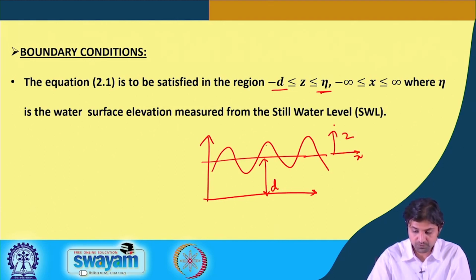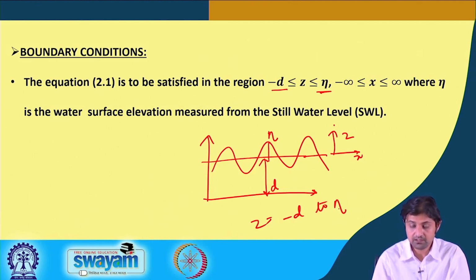So z should be satisfied from minus d to eta, all right, and we have considered the entire ocean. So, x will be minus infinity to plus infinity.